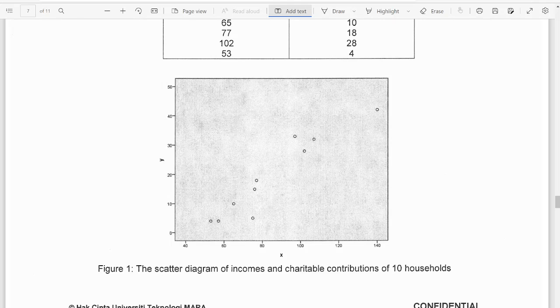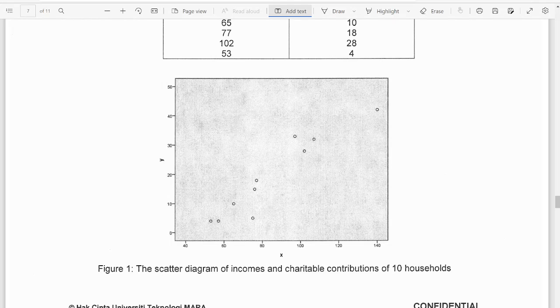If you want to draw a straight line, can you draw a straight line across the points? Kalau boleh lukis satu garis lurus across the points, that means there exists a linear relationship between the two variables, and whether the relationship is positive or negative depends on whether the line has an upward slope or downward slope. Okay, adakah dia meningkat ataupun menurun.